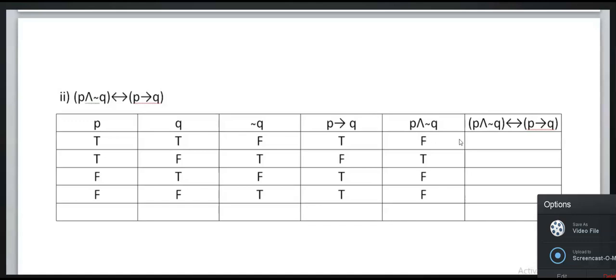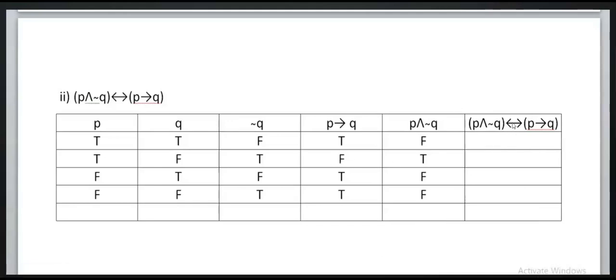These two are different for every row, so the double implication is F, F, F, and F. In this way I have completed the second table.